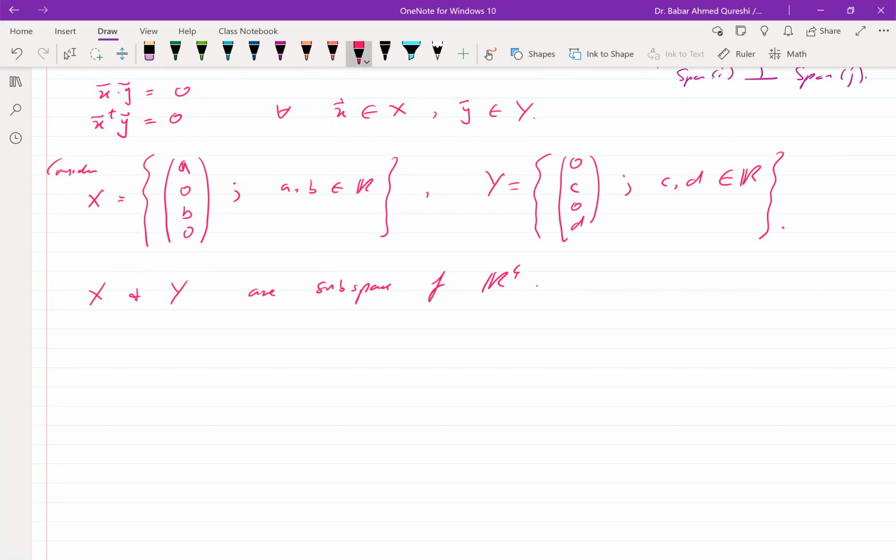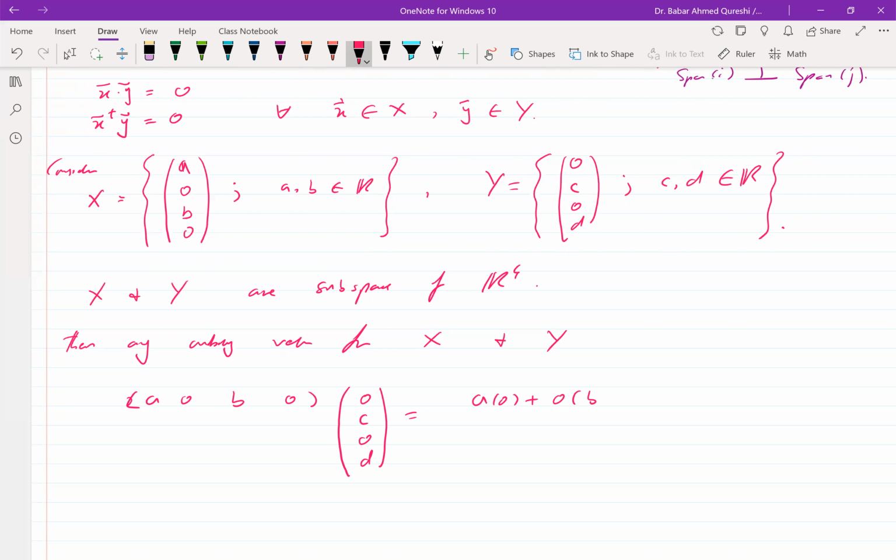And if I pick any arbitrary vector from X and Y, and I check, I take this arbitrary vector from X and make the scalar product with an arbitrary vector of Y, I get A times 0 plus 0 times C plus B times 0 plus 0 times D, so I get a 0.